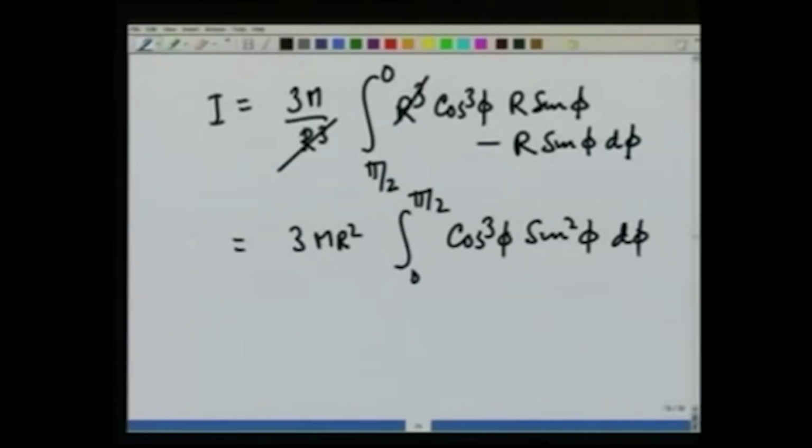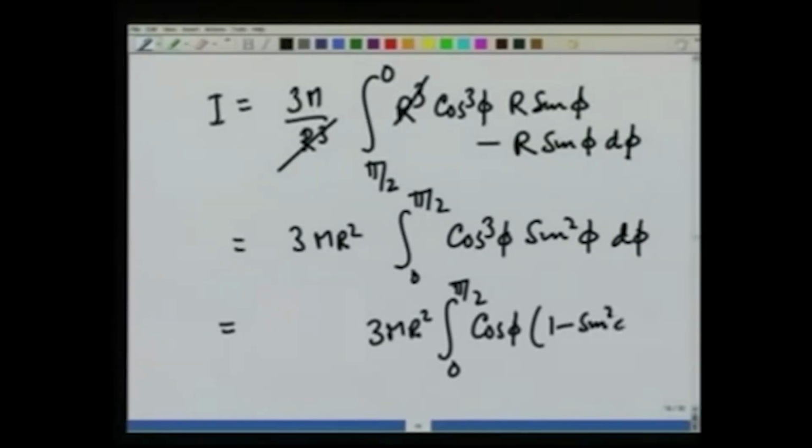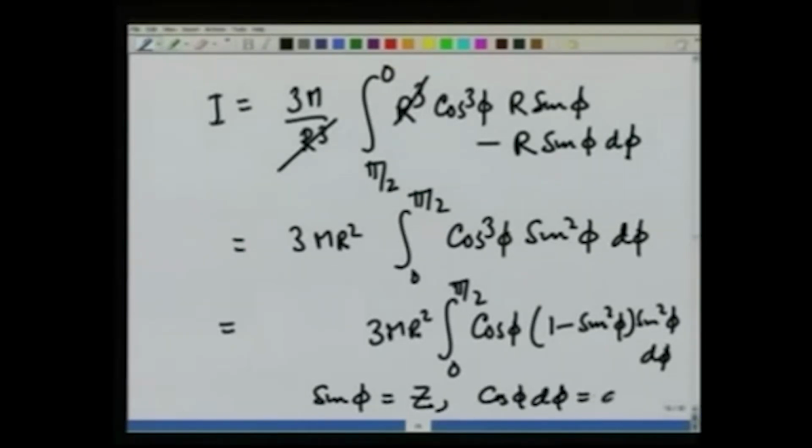To evaluate this integral, let me write this in a particular way: 3 mR square, 0 to pi by 2, cosine phi, cosine square phi will be left, which I will write as 1 minus sine square phi, d phi, and let sine phi be equal to z, so that cosine phi d phi is dz, and limits are going to be from 0 to 1.